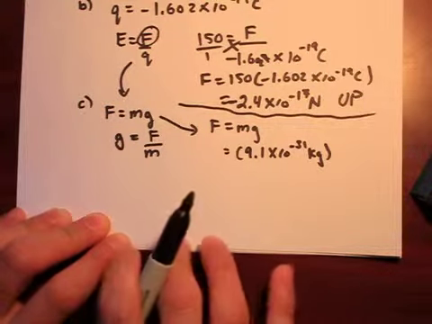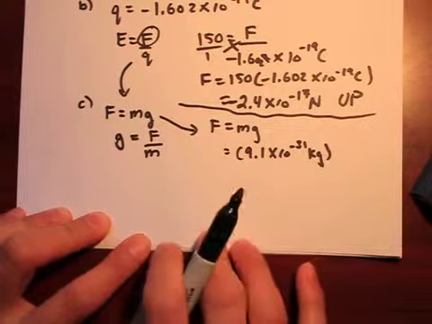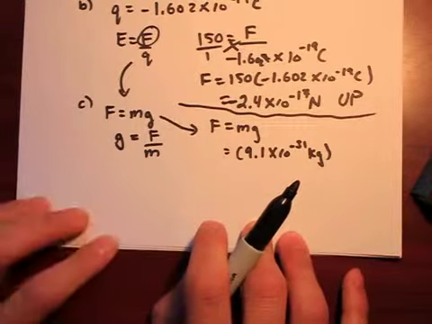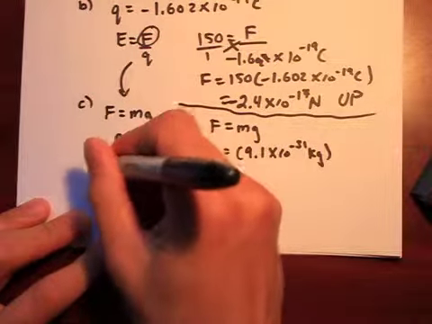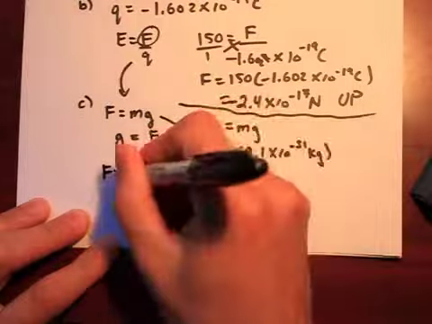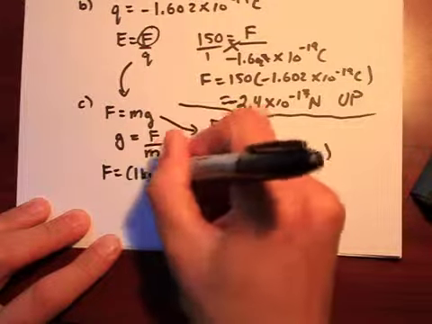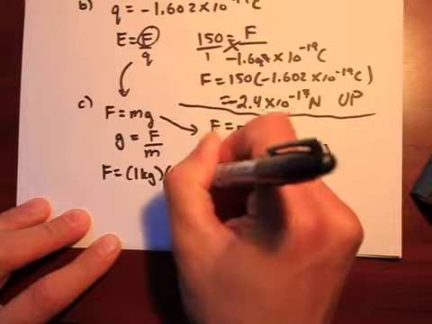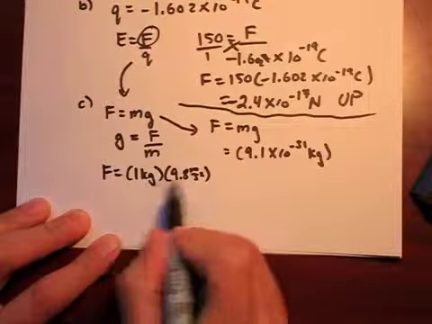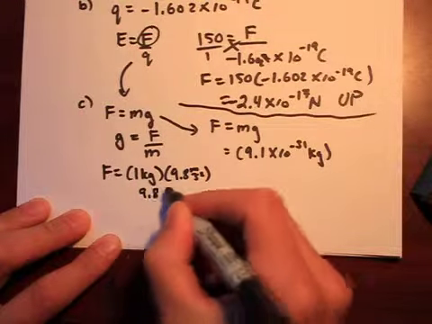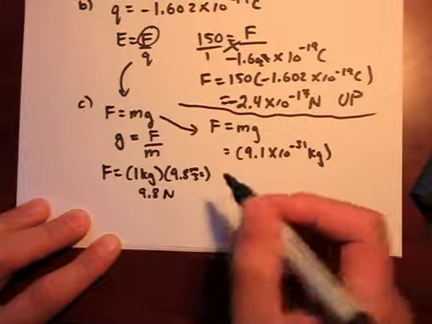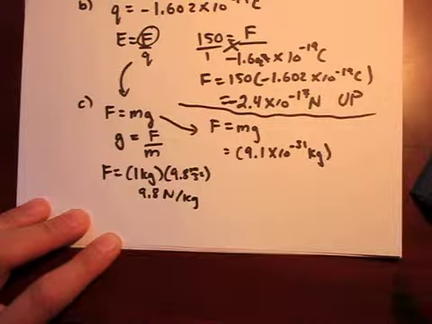You can use kilograms and it's still 9.8 meters per second squared. If you don't believe me, for 1 kilogram it still has 9.8 meters per second squared. So when you multiply, this is still 9.8 newtons per kilogram. Okay, that's basically what it is.